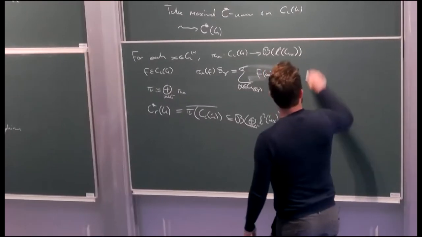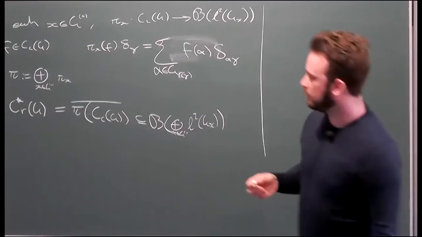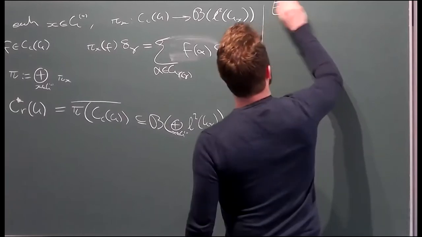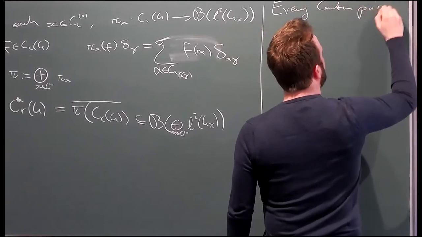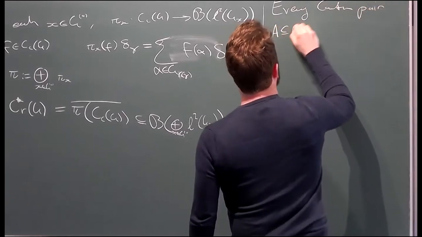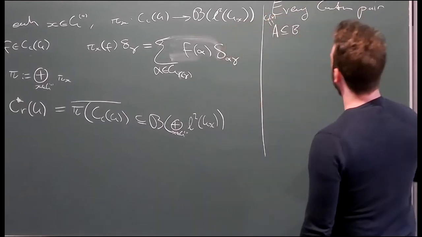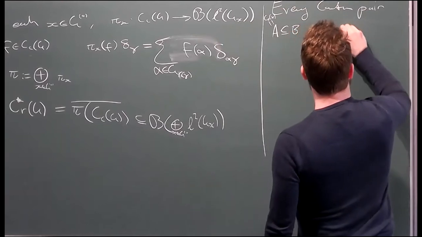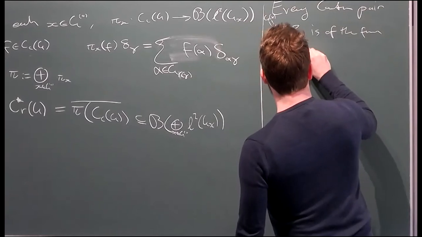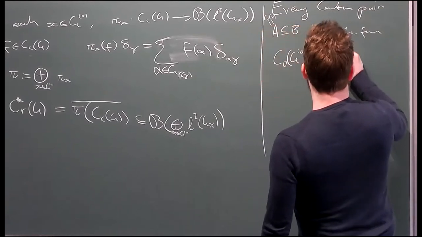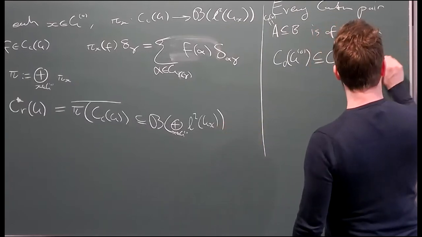In particular, if you know what a Cartan pair of C star algebras is in the sense of Renault, then every Cartan pair A inside of B, where A is commutative, so this is C_0(X), is of the form C_0(G_0) inside of a slightly more generalized version of this, something called a twisted groupoid C star algebra.